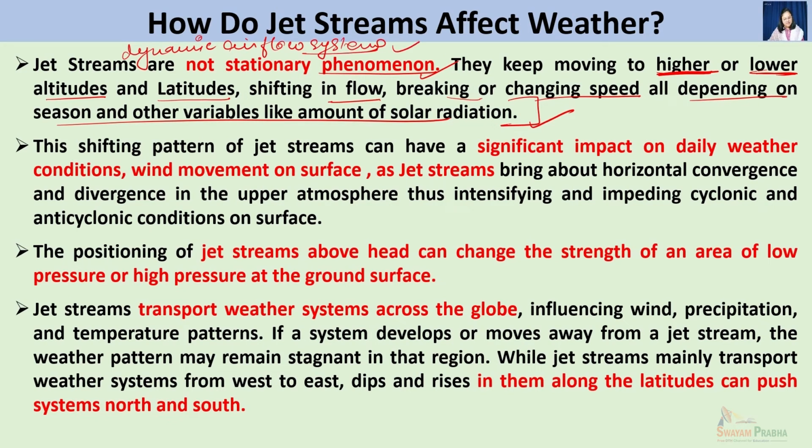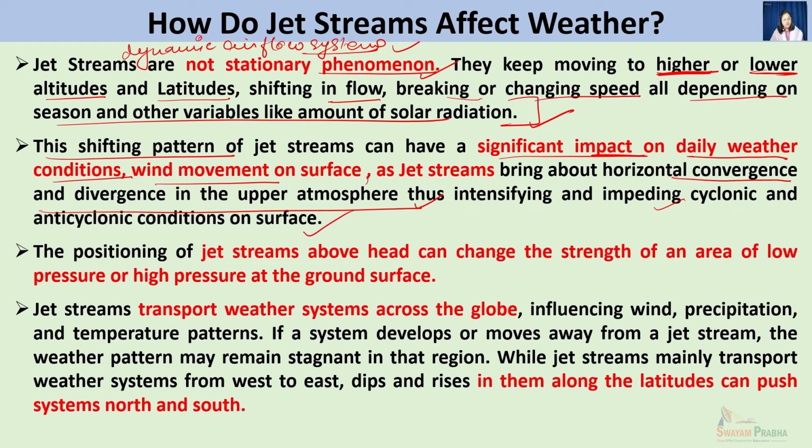And as these jet streams shift, their shifting pattern can have significant impact on daily weather conditions and wind movement on the surface, as the jet streams bring about horizontal convergence and divergence in the upper atmosphere. So they may intensify or they may also hinder the cyclonic and anticyclonic conditions on the surface, depending upon whether they are located in upper air convergence zones or upper air divergence zones.